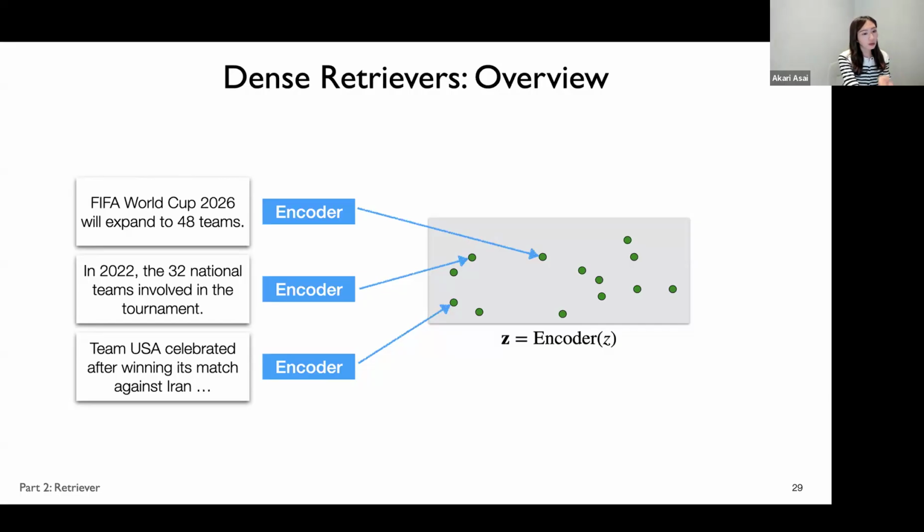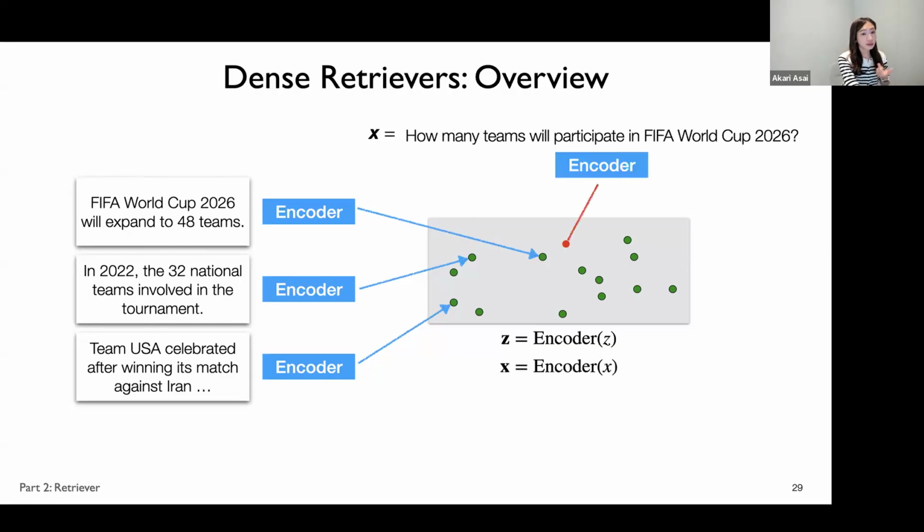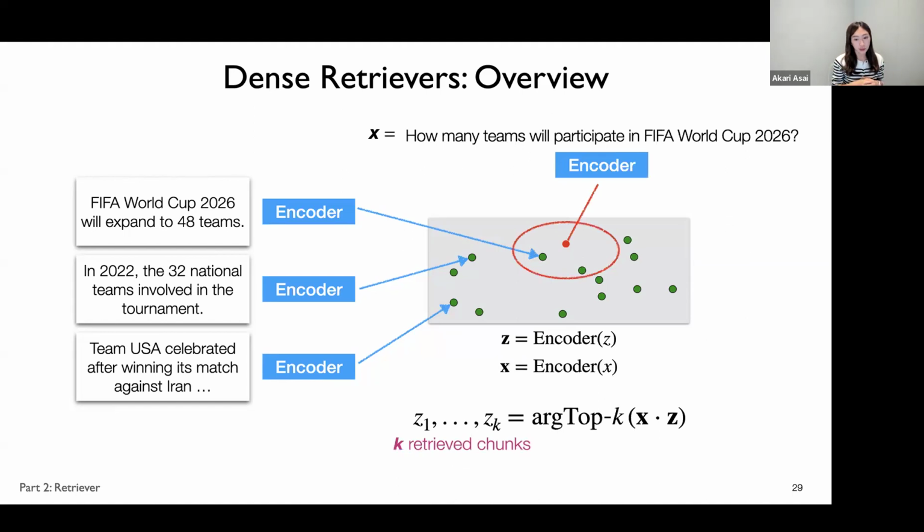Given the encoder model, we pre-compute all of the embeddings of those documents, and then given the query, we use the same or a different encoder system to generate a dense embedding of the query. After that, we can compute the similarity of those embeddings by performing a fast nearest neighbor search to find the top k most related documents.